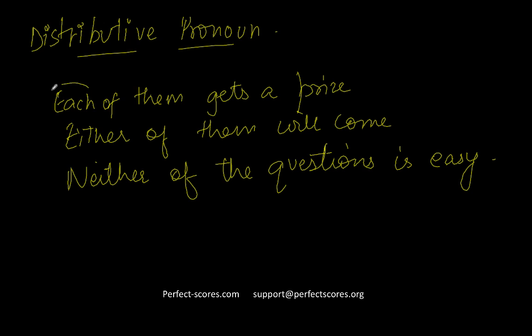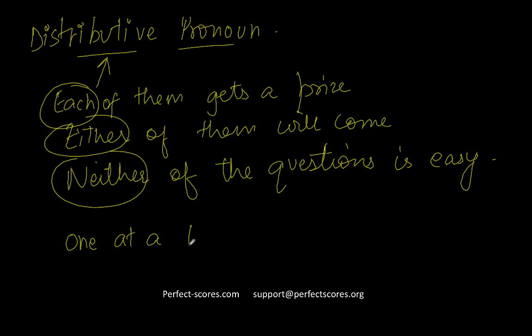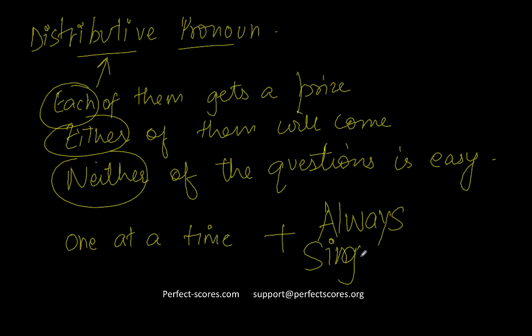Now these words, each, either, neither, these three are known as distributive pronouns because they refer to persons or things one at a time. So they actually distribute it. And that is why they are always singular. So this is a big thing that you need to remember, a very important thing.